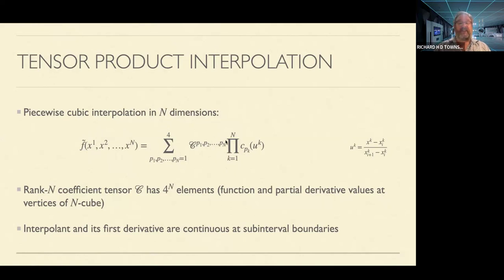It's basically a tensor of rank n, then inner producted with this term here, which is essentially another tensor of rank n that is formed by products between the different cubic basis functions. So in n dimensions, our coefficient tensor has 4 to the n elements, and those elements are basically the function and the partial derivative values at the vertices of the n-cube, or the tesseract or whatever we're interpolating in.